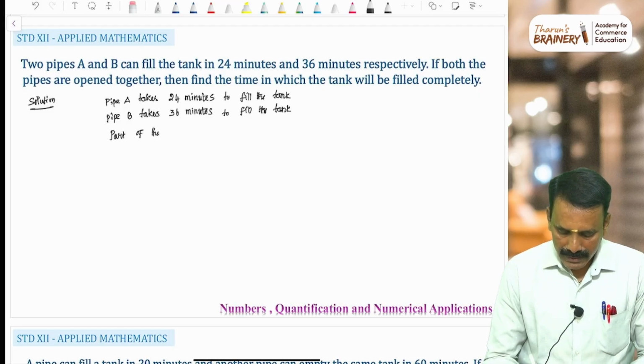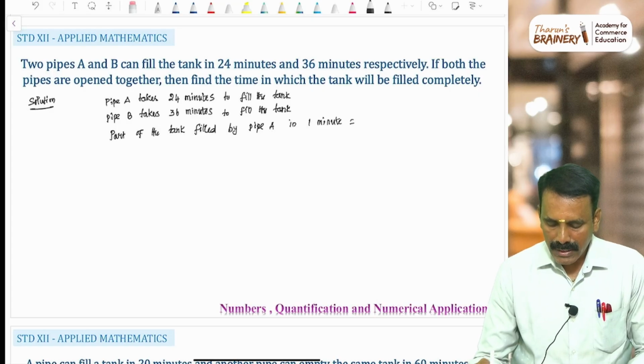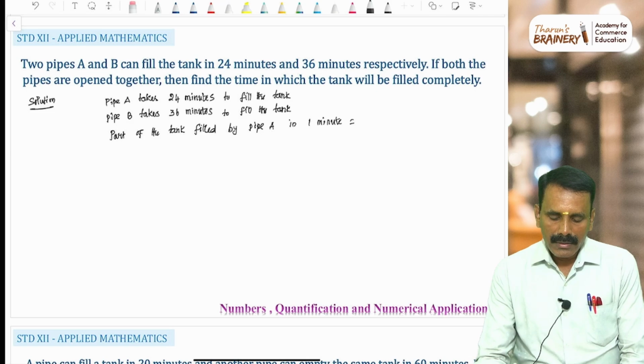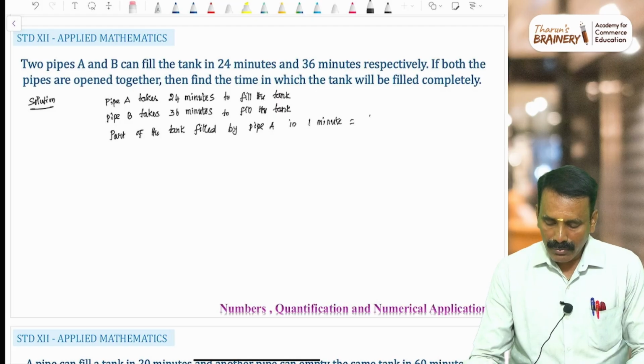Part of the tank filled by pipe A in 1 minute: the tank is filled by pipe A in 24 minutes, so in 1 minute it will fill 1 by 24 part of the tank.